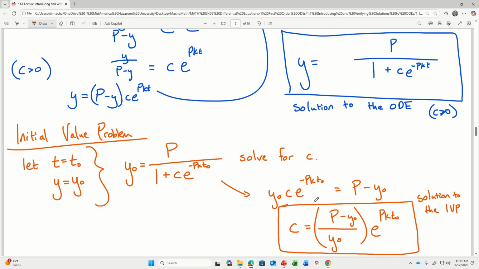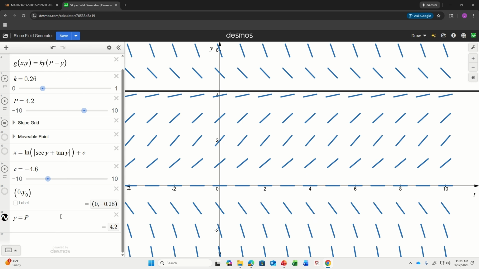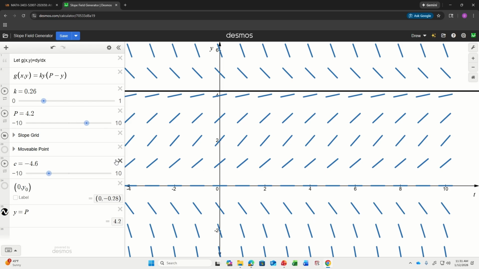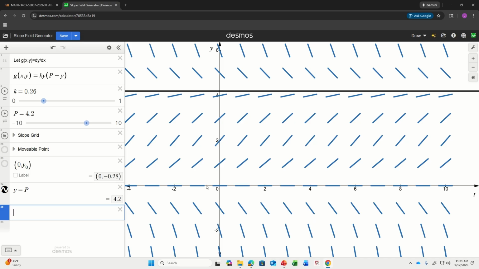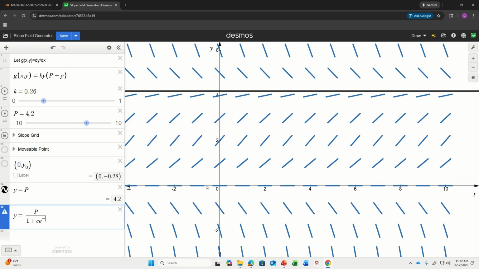So let's go back now on Desmos where my slope field is, and let's graph on top of this the solution. And the solution to my ODE was y equals p divided by 1 plus c times e to the power negative pkt.